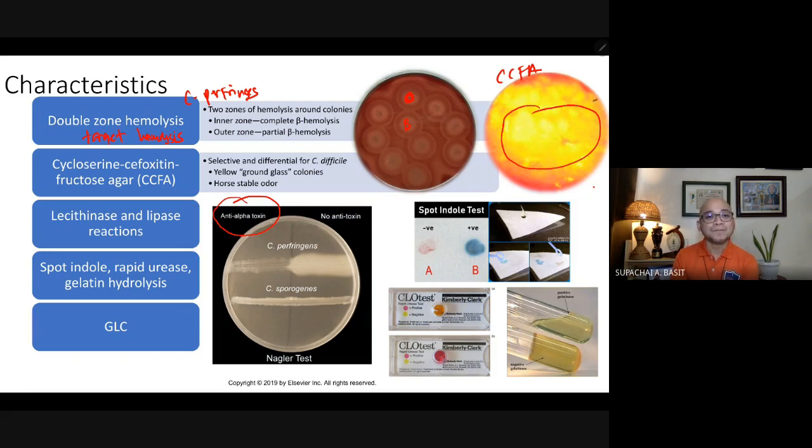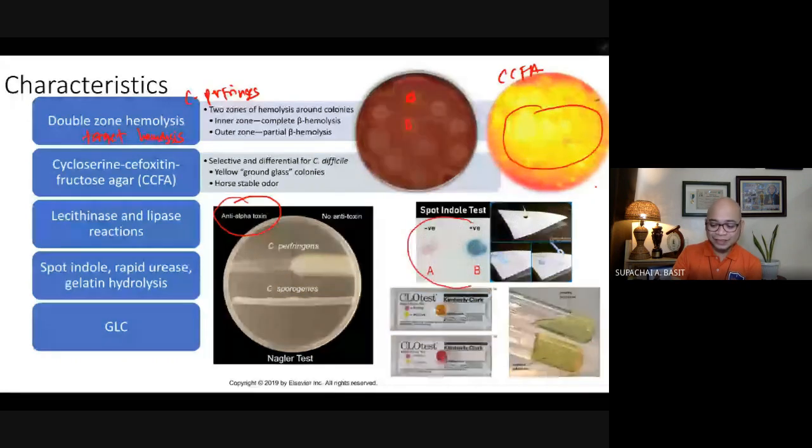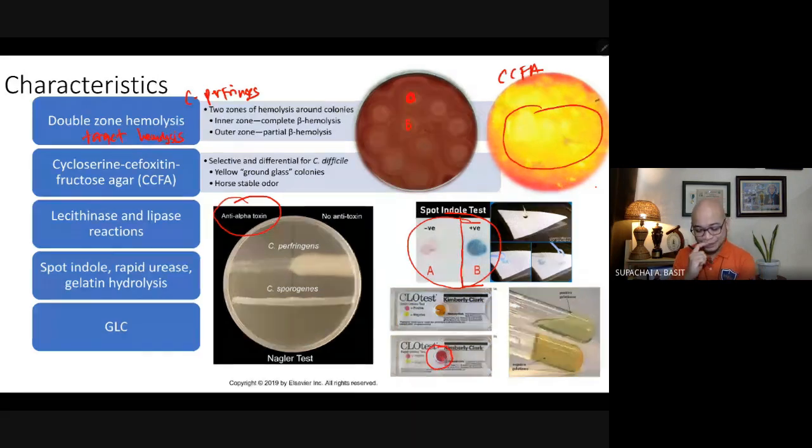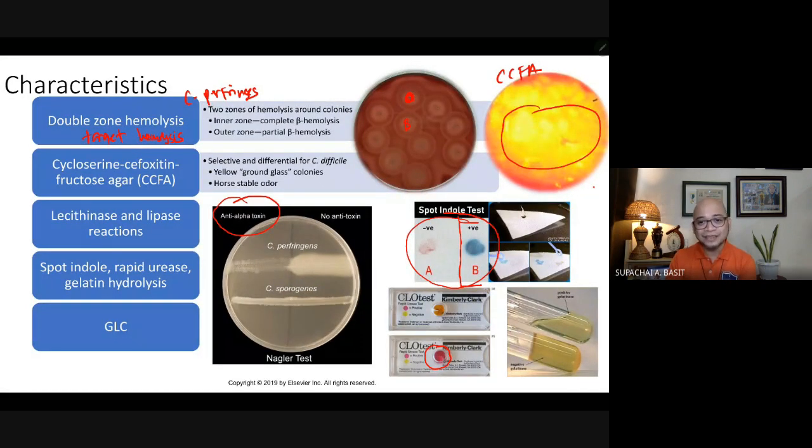Okay? And then we also have the spot indole test. I did mention this to you already. Blue-green is a positive reaction for the spot indole test. And then the rapid urease test, wherein the deep pink is considered a positive reaction. This one is manufactured by Kimberly Clark. It says CLO test.